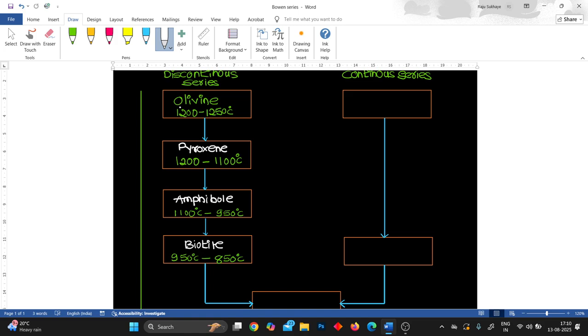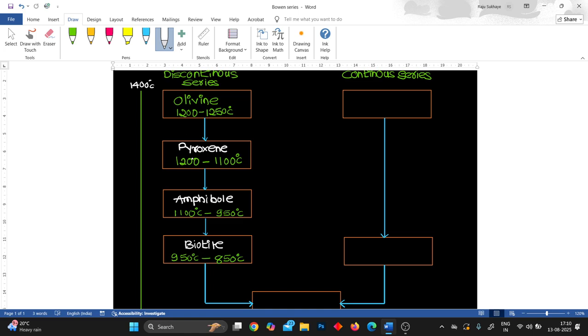Consider the temperature of the magma was about 1400 degrees Celsius. When the temperature reaches 1250 to 1200 degrees Celsius, in this temperature range only, the first mineral group is going to form, that we call the olivine group of minerals.